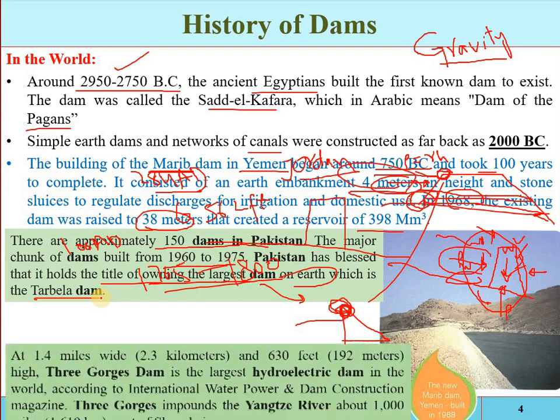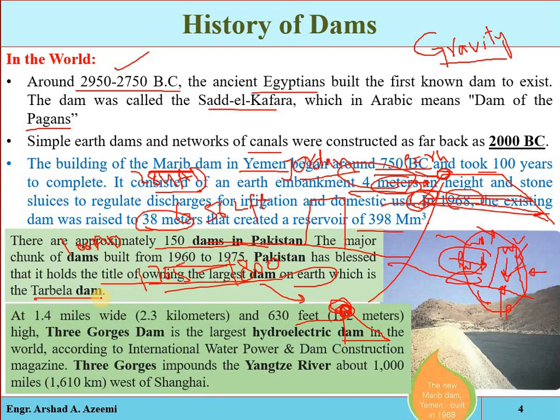But if we look at the size of the dam based on power generation and water storage, then the Three Gorges Dam in China is one of the largest in the world. For example, if that is a river and we construct a barrier across the river, the length of the barrier of that dam is approximately 2.3 kilometers, and its height is 630 feet, or 192 meters.